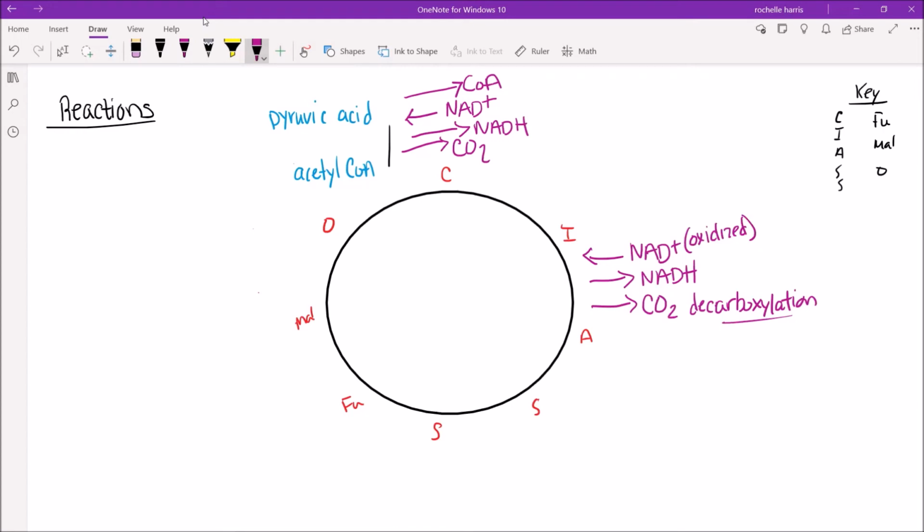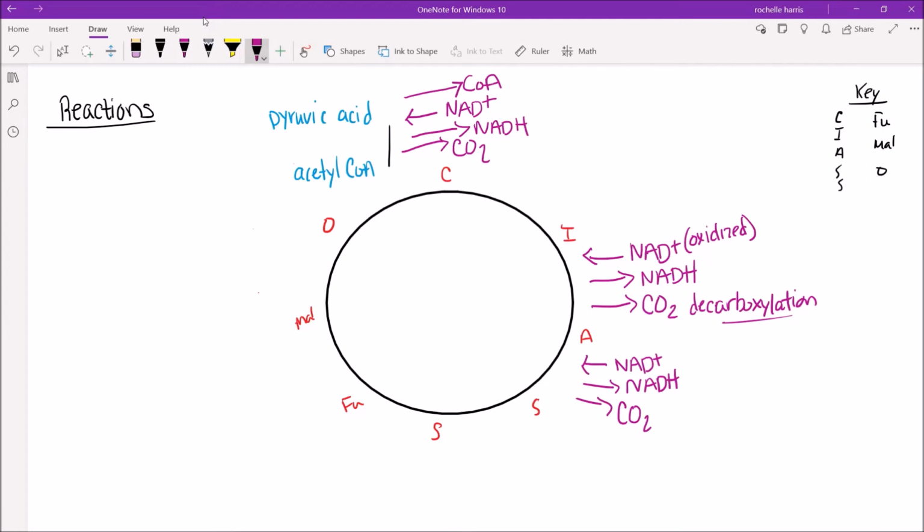We see the same thing here between alpha ketoglutaric acid and succinyl-CoA. NAD plus is oxidized, NADH leaves with electrons, and carbon dioxide leaves the cycle, produced through decarboxylation.